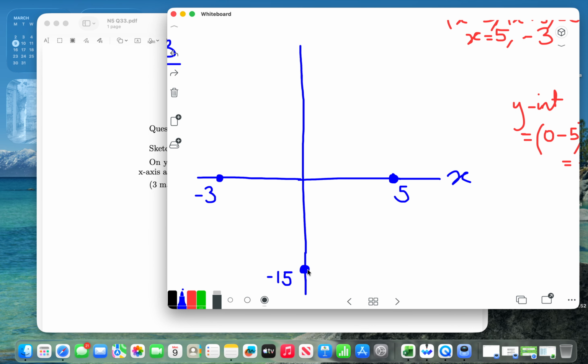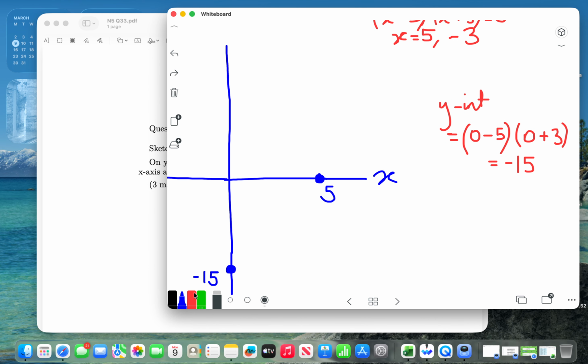So to find the x coordinate of your minimum turning point, it's going to be exactly halfway between the roots. To get that, you add up the roots and divide by 2 to get the x midpoint.